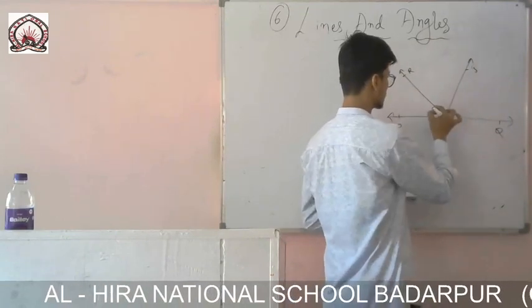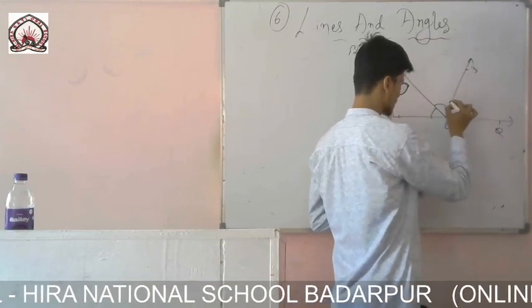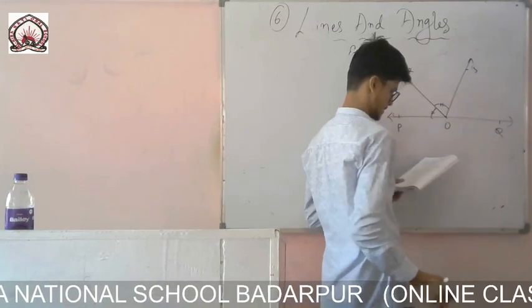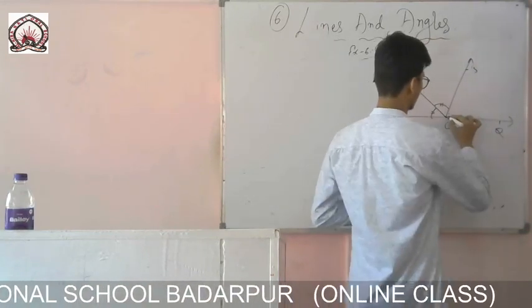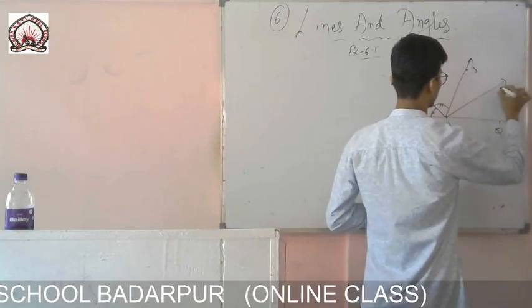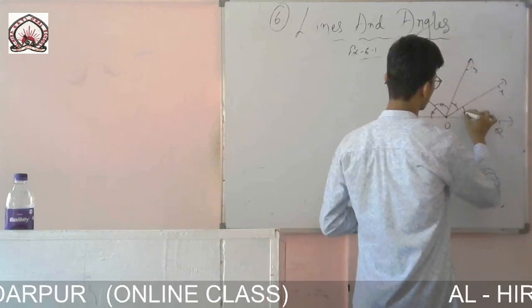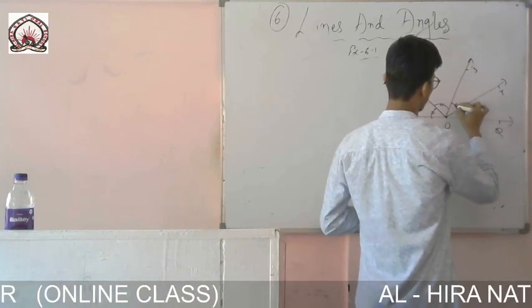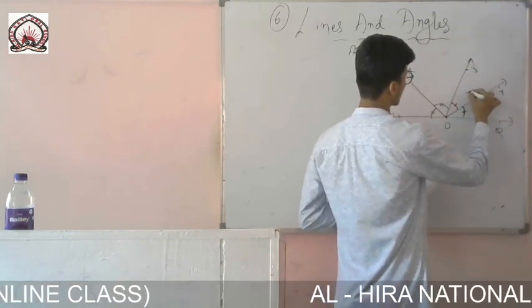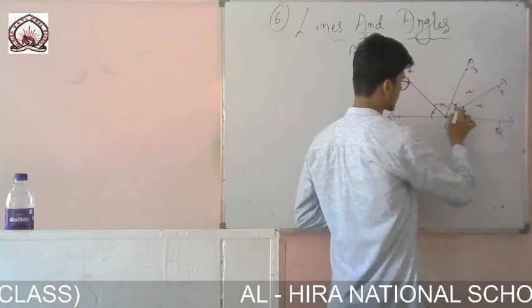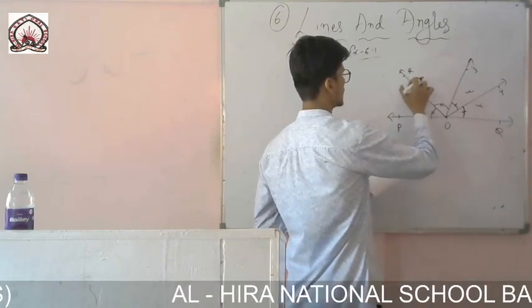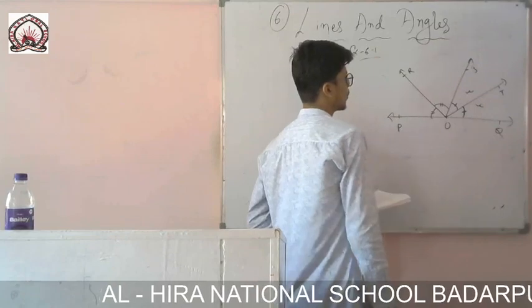It says that this line bisects this angle equally, that means these two angles will be same, and another line OT bisects these two angles equally, that means these two will also be same. I am giving one line here, that means these two angles are same because it is bisected by OT, and these two angles are same because it is bisected by OR.